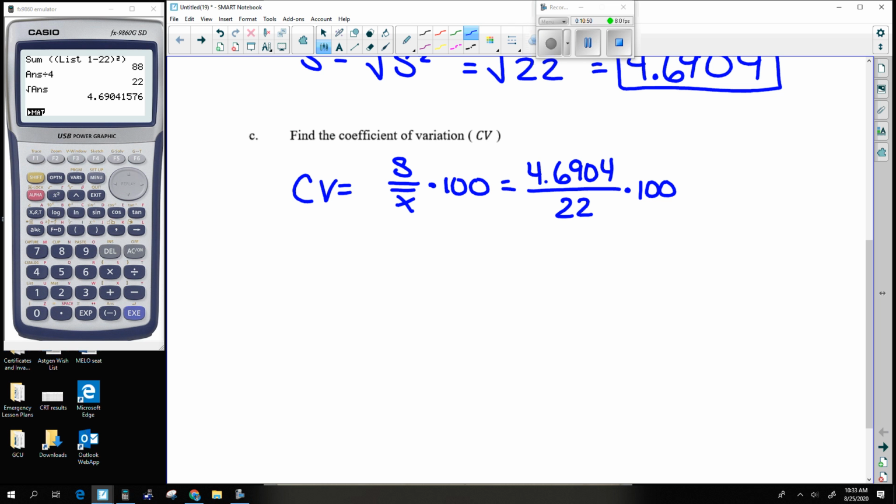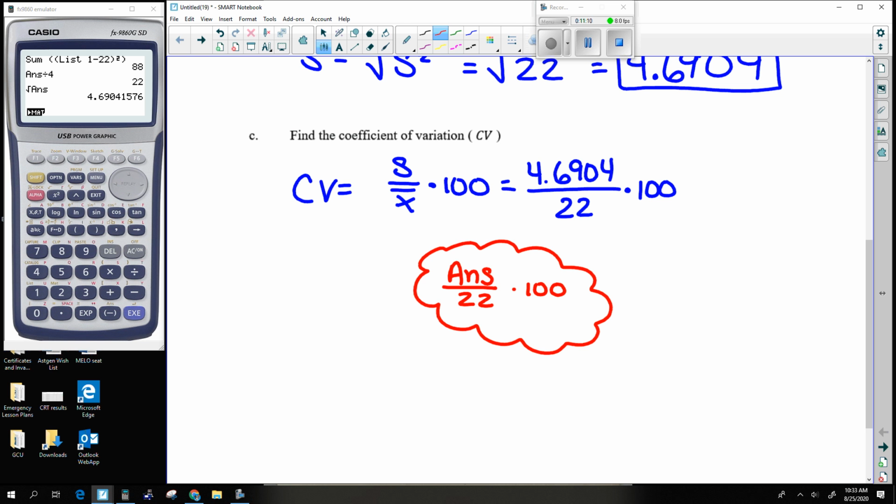So S divided by X bar times 100. But actually, I'm not going to retype that again, because the moment that I start typing 4.690 is the moment that my answer gets less accurate. So what I'm going to do is take the answer that is in my calculator, divide that by 22 and then multiply by 100.